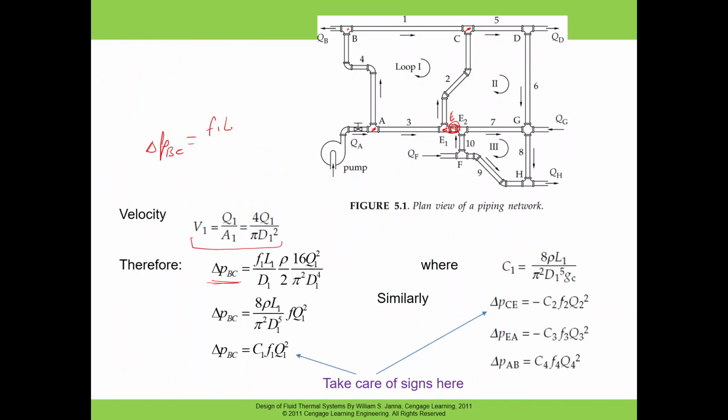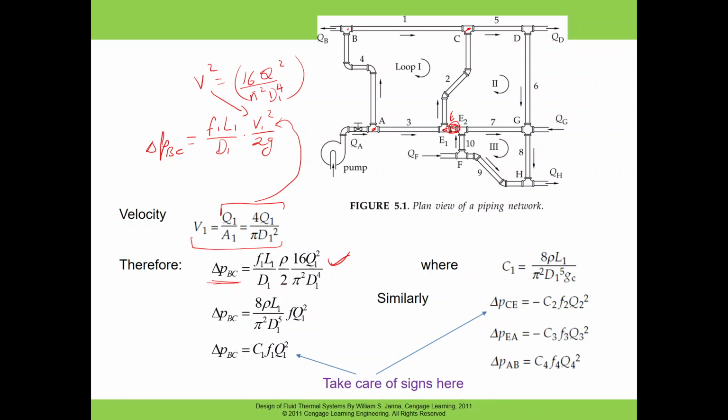So this is f1 l1 over d1, then the v1 square over 2g. So the v1, you will substitute this value, so that will be basically 16 q square over pi square d1 to the power 4. So this will be your v square, right? And then this you will substitute here, so you will get basically this expression.